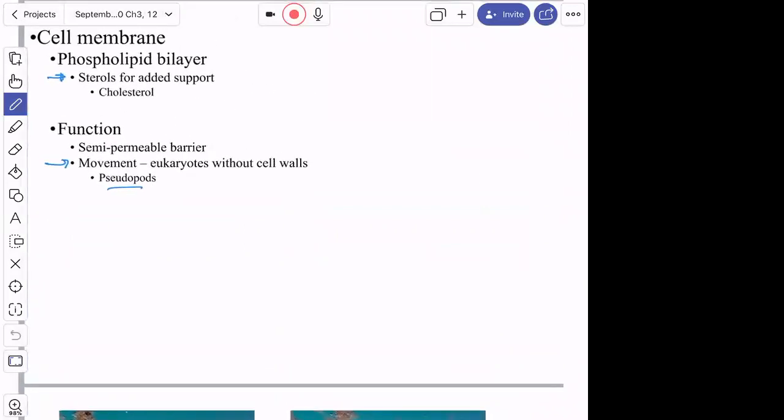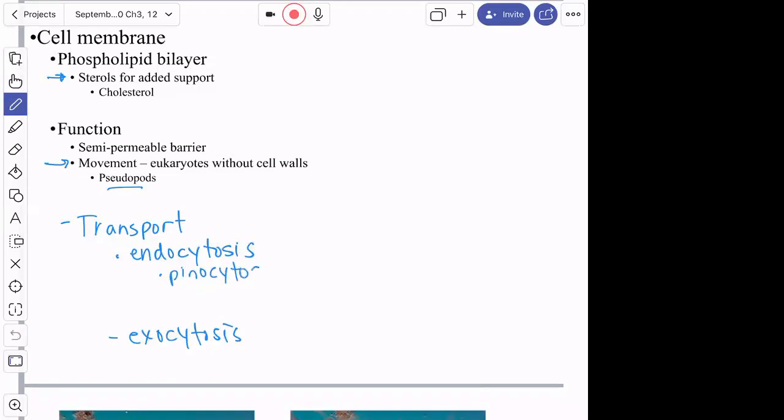Because of that reorganization that can take place, because there's no cell wall, we see some distinct kinds of transport that we don't see in bacteria. Okay, endocytosis and exocytosis. Endocytosis is when an organism will extend pseudopods around some kind of substance, and we could call that pinocytosis if it's going to envelop some kind of liquid.